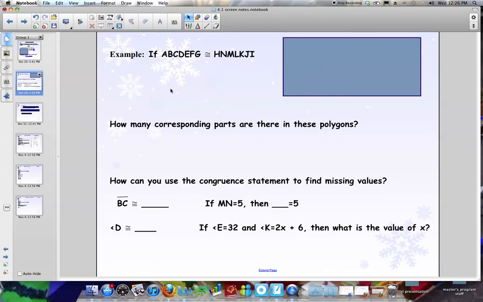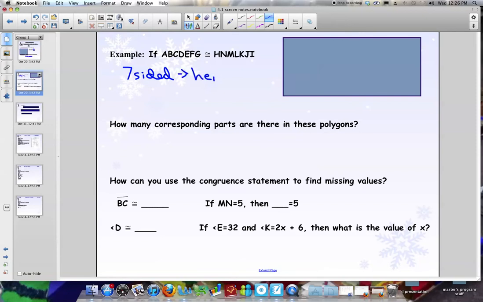So let's try that. If I give you the congruent statement for a polygon, can you find all the corresponding parts? First question, what kind of figure is this? What kind of polygon is this? Well, it has 7 vertices, 7 corners, so that means it's a 7-sided figure. And what do we call a 7-sided figure?